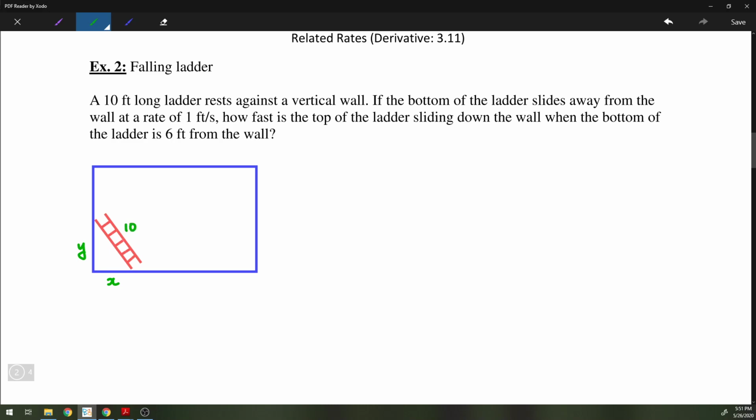So in this case, the bottom of the ladder is sliding away, the top of the ladder is sliding down, and we know that the rate at which the ladder is sliding away from the base of the wall is 1 foot per second. We're looking for the rate at which the top of the ladder is falling.